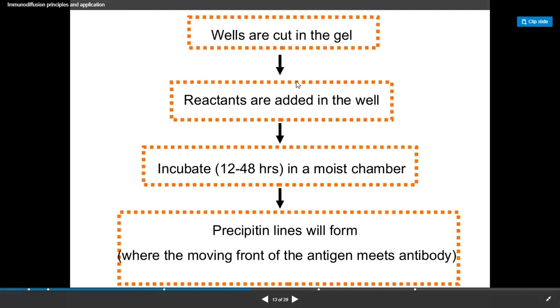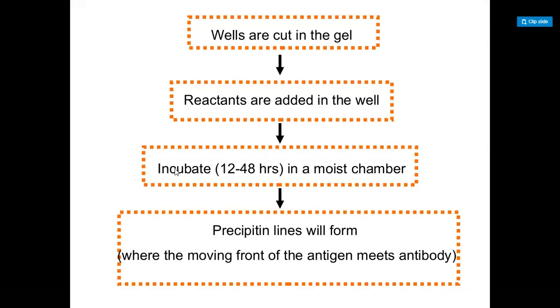So for the procedure, first we cut the well in the gel, then we add antigens, and then we add antibodies and keep all the reaction in the moist chamber for 12 to 48 hours.